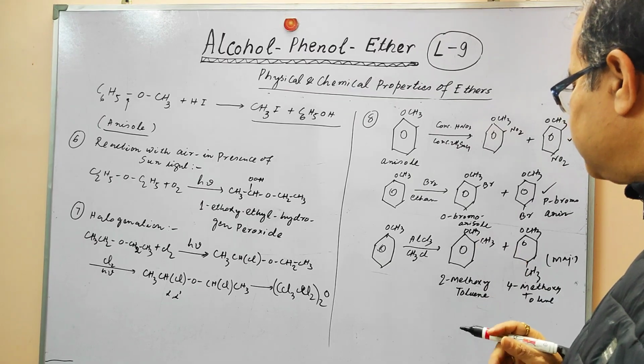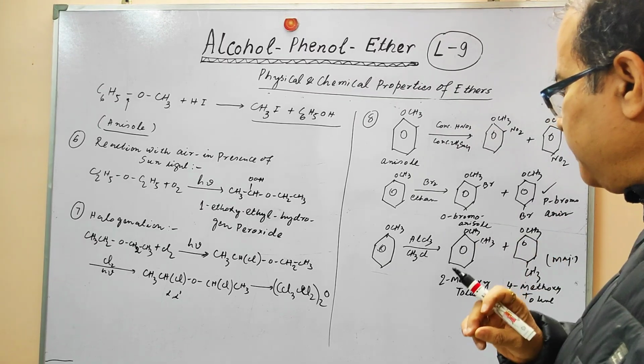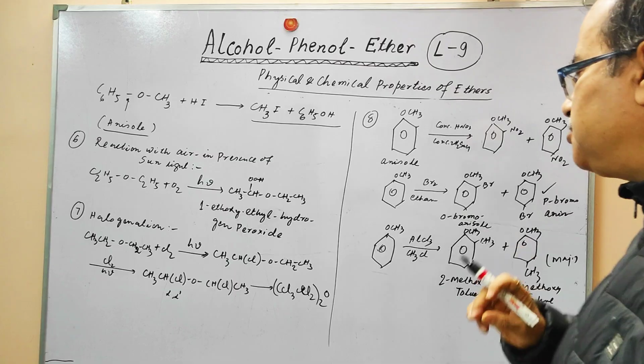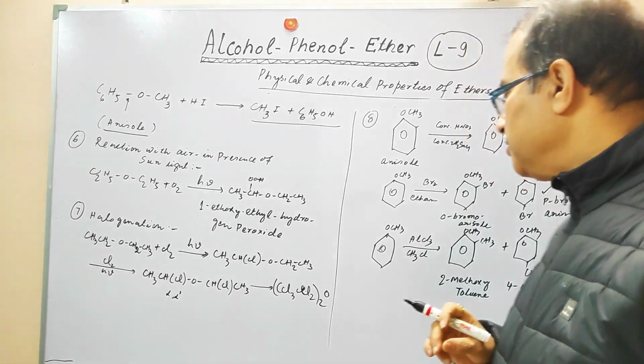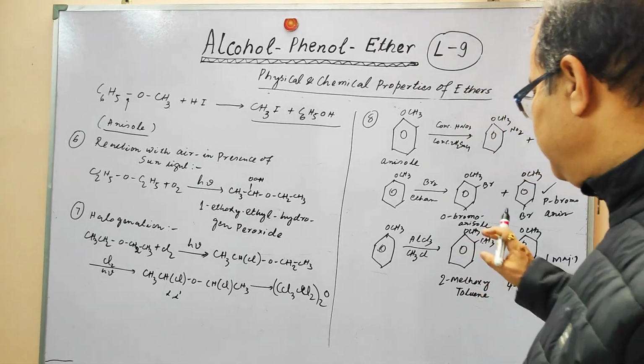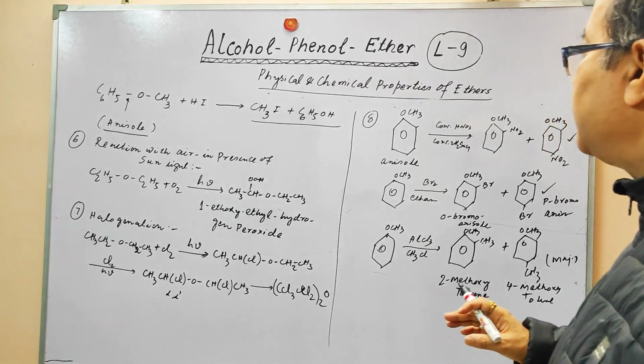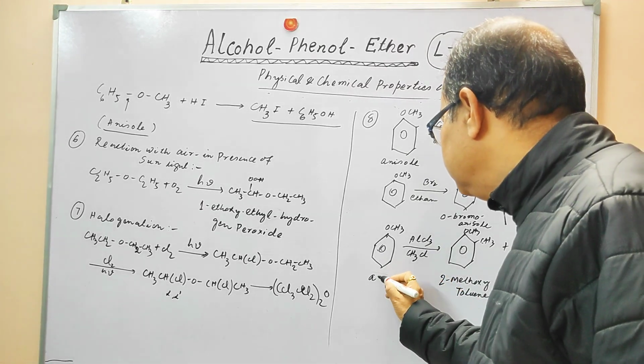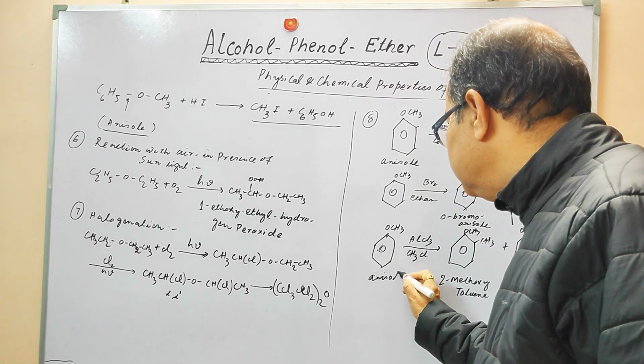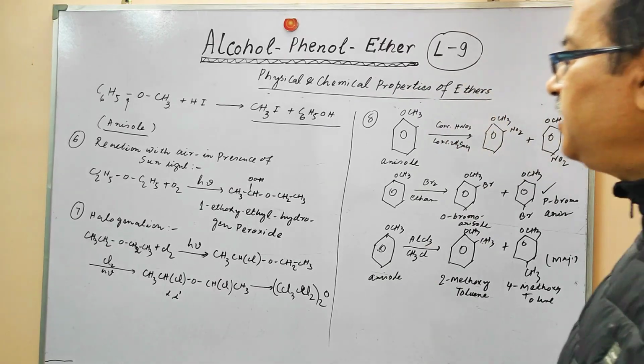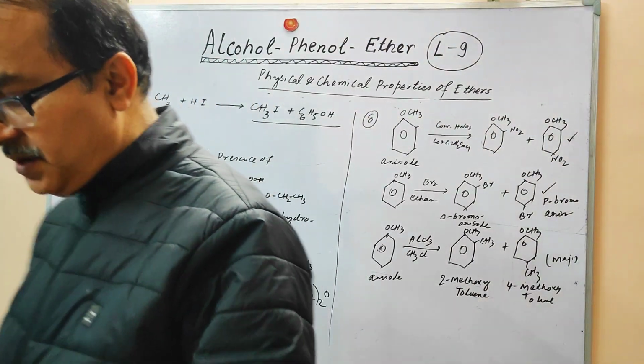This is the Friedel-Crafts reaction. Also you can incorporate the CH3CO, acetyl group, in the benzene ring in the case of anisole. So these are the electrophilic substitution reactions.